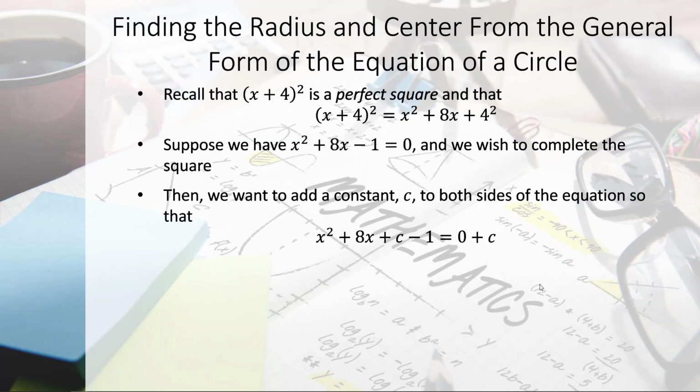Okay, the next thing we want to talk about is how to take a circle in general form and rearrange it into radius and center form if it is possible. The way we do that is by recalling that the center radius form of a circle has x and y written as a perfect square.